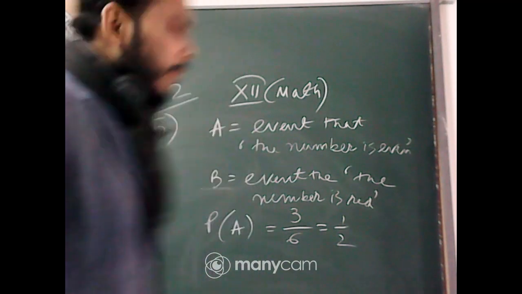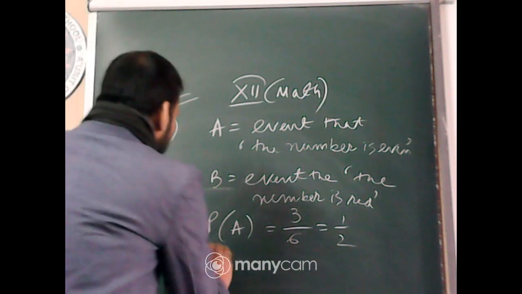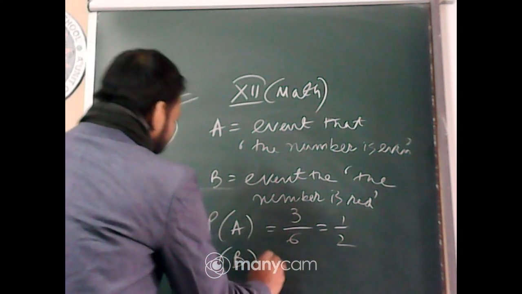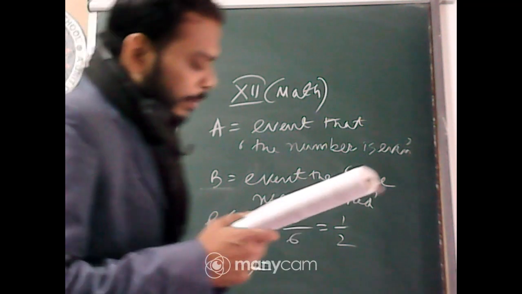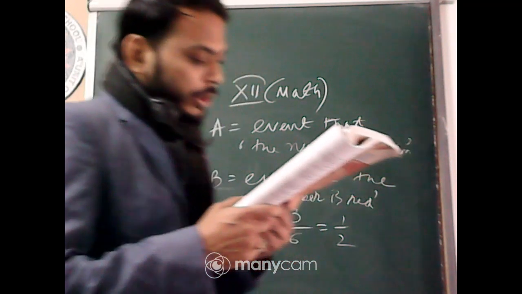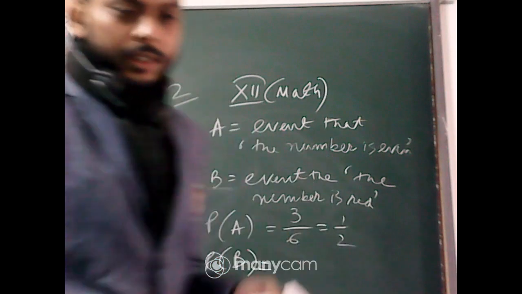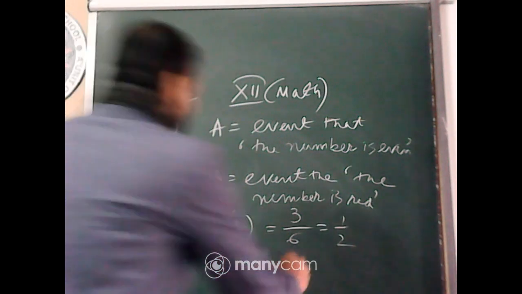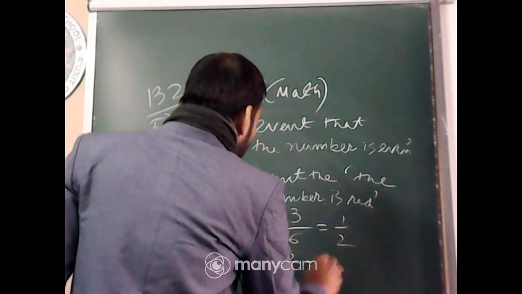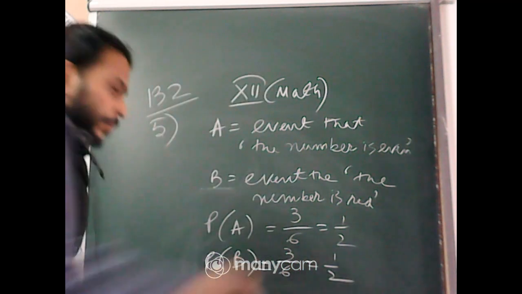Okay. Now tell me P of B. Event that the number is red. Here red means 1, 2, 3. So P of B, probability of getting red, again 3 by 6, that is 1 by 2. Very good.